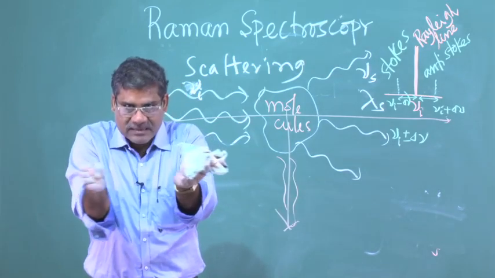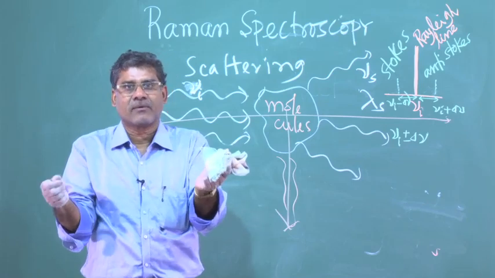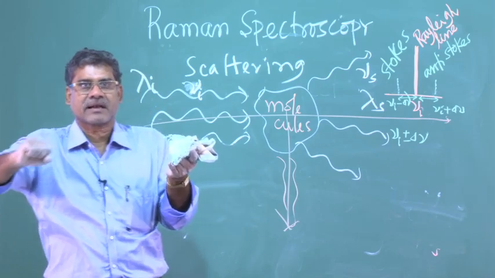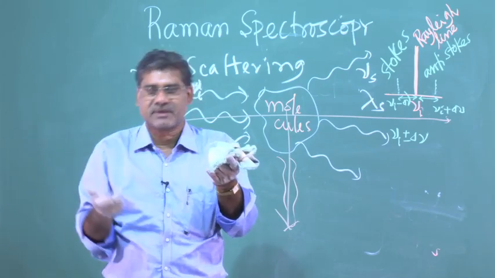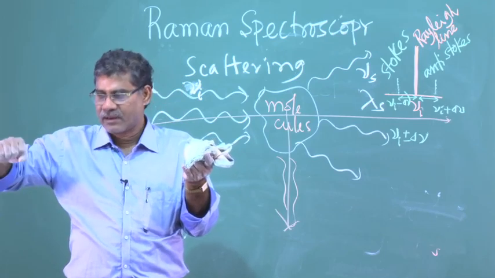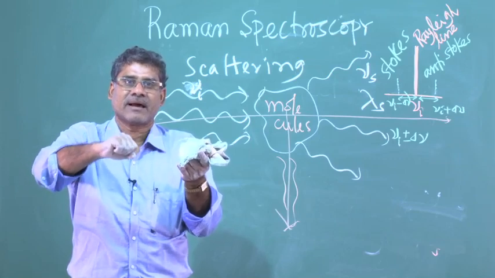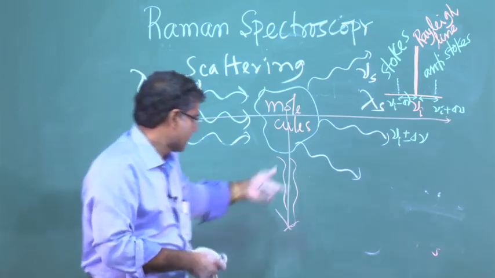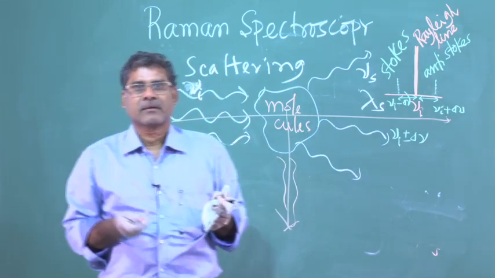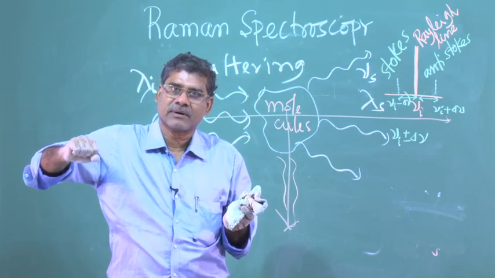To disperse the wavelengths in space, you then use a detector, a photomultiplier tube if it is visible light, and you measure the intensity of the scattered light coming through the prism or the grating.